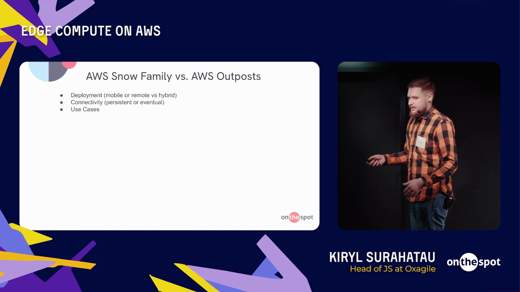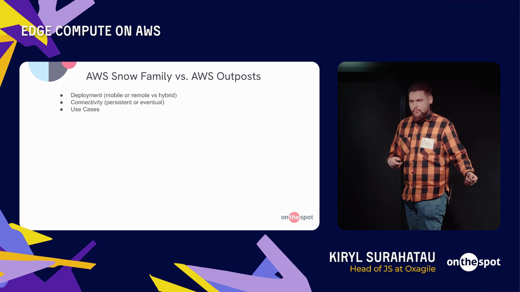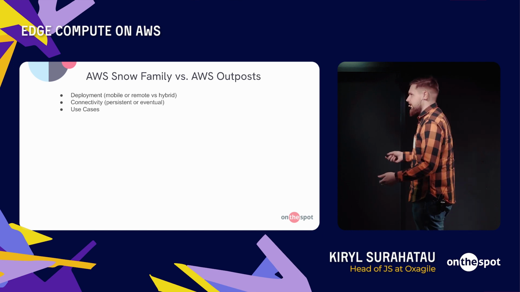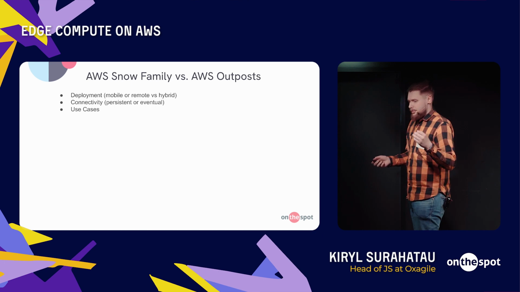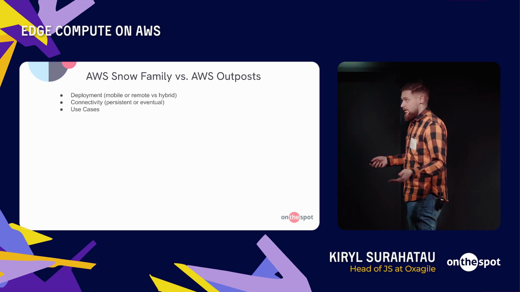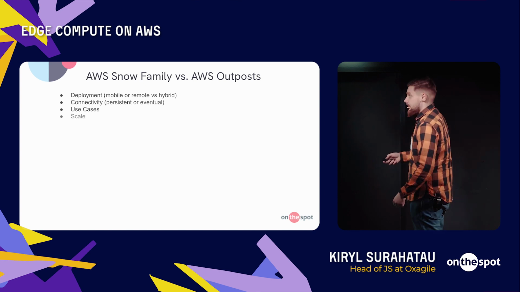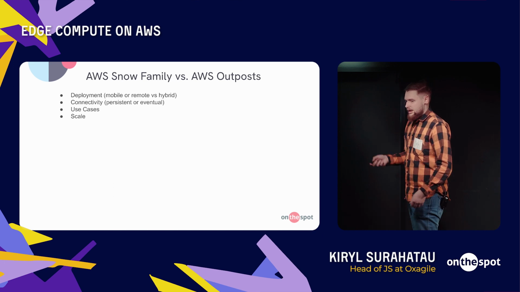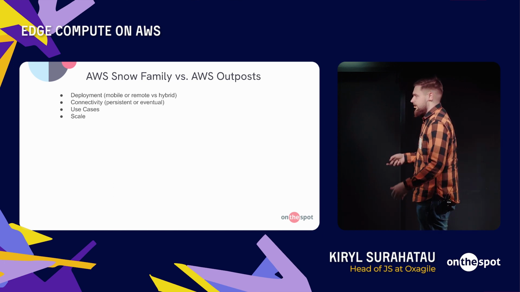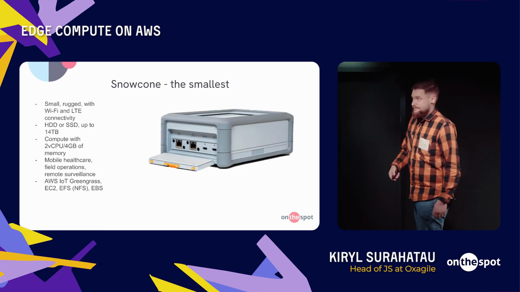Snow Family is truly designed for edge computation in a place where internet connectivity is under question, where even the power supply might be under question, when the environment is truly tough. Scale is also different. Outposts are massive, as you previously saw. Instance types are huge, and for Snow Family it is much more modest.